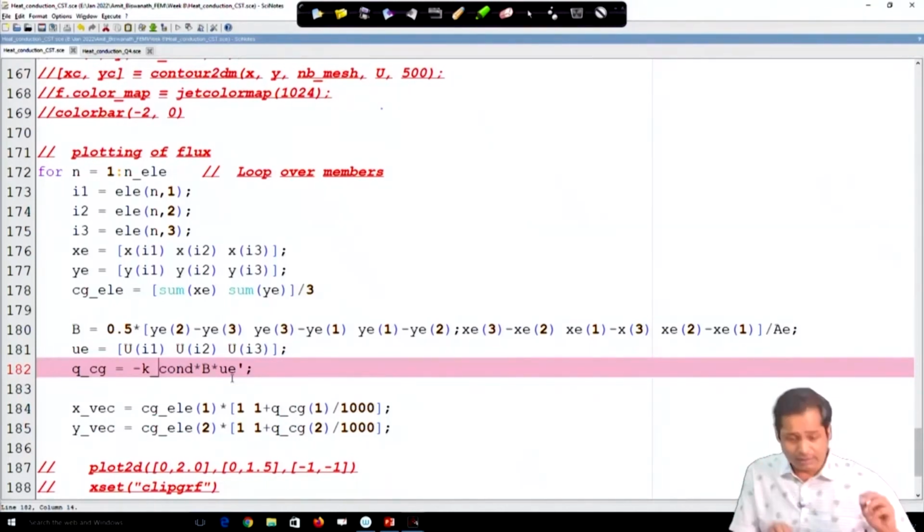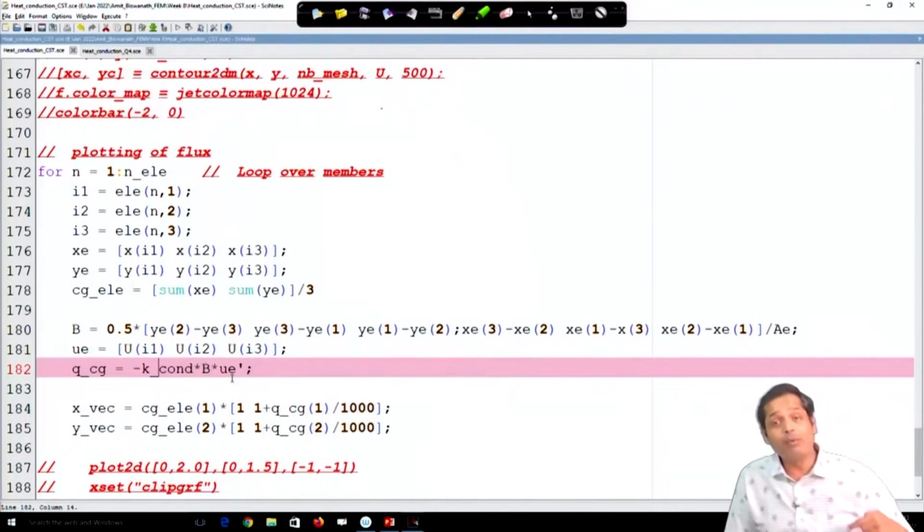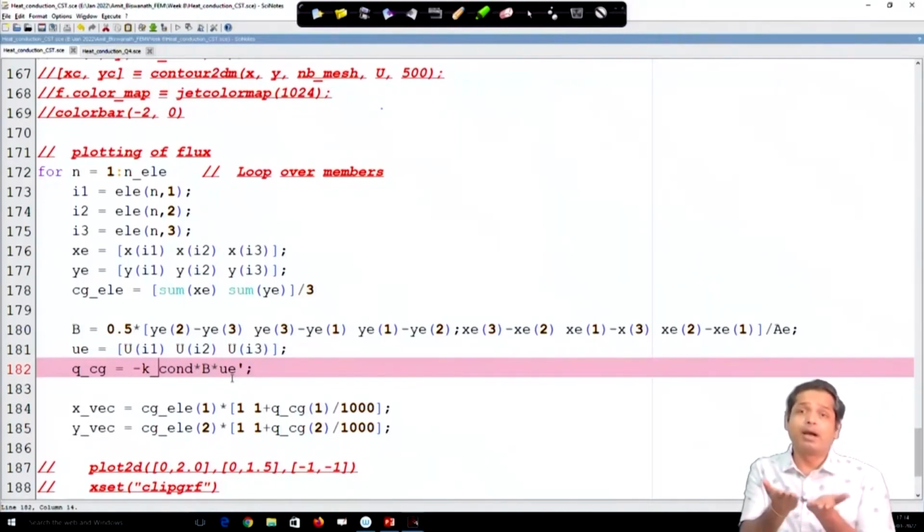We had already seen it last week. So our approximation is C naught. But when you calculate flux, we need derivatives, and the first derivative is not continuous between two elements.